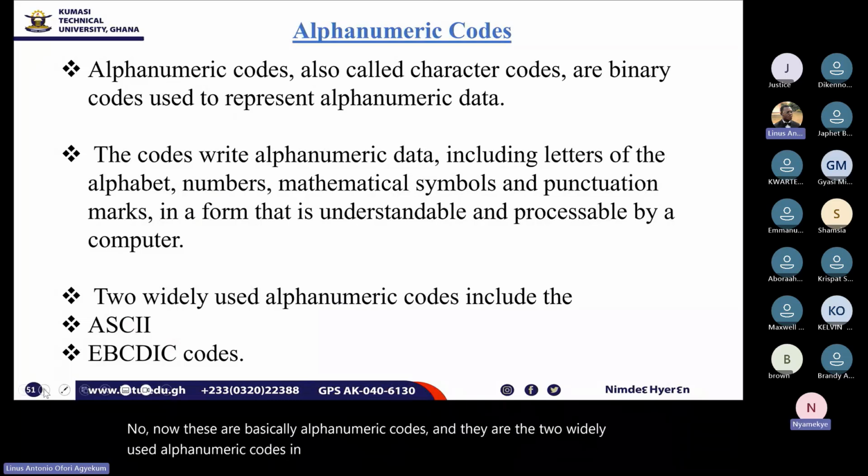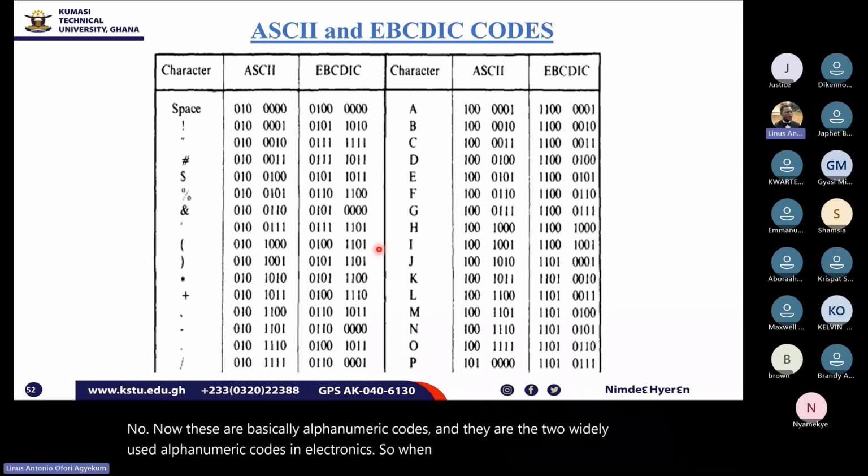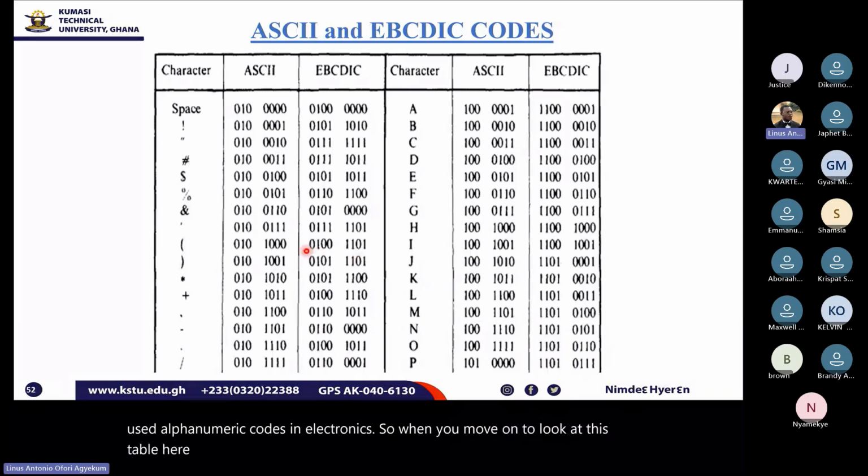So when you move on to look at this table here, you see the table has both the ASCII and then the EBCDIC codes for characters. So for space, you would have the representation.